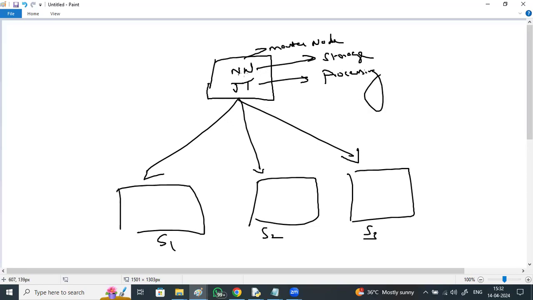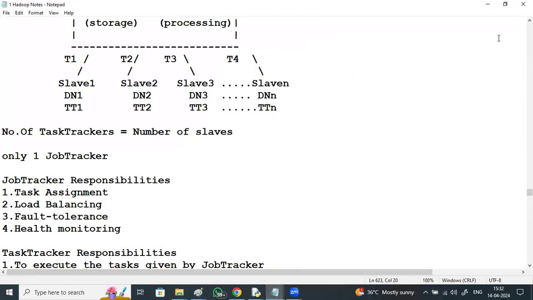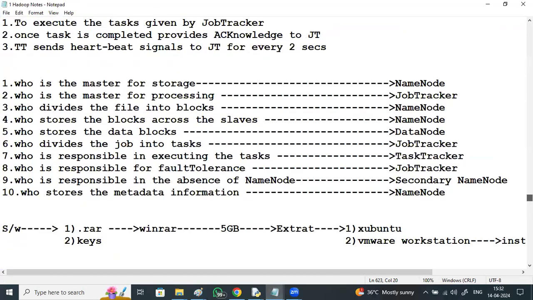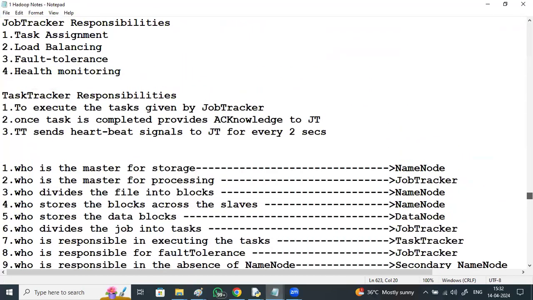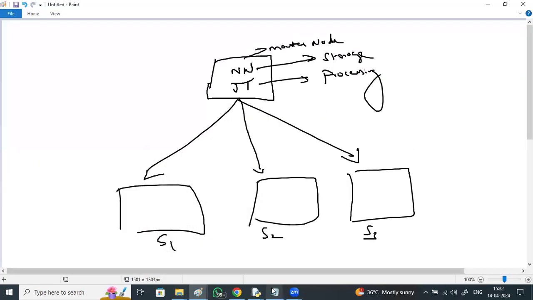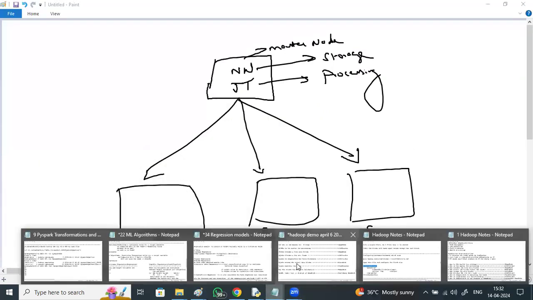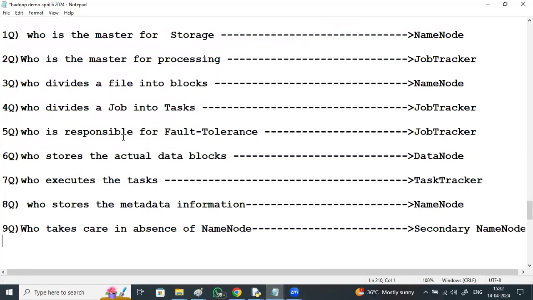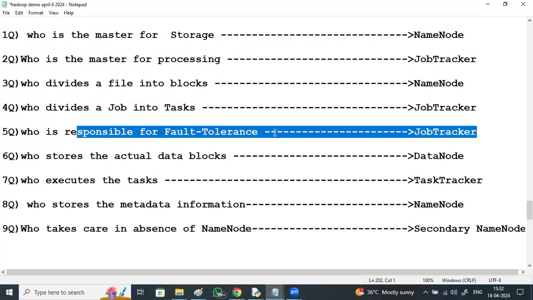Sir, in the fifth question, if it's asking about fault tolerance, there should be two fault tolerances, right? One is file system tolerance and another is job level. If job level, it's job tracker, but at the file system HDFS level, it should be the name node, right? What do you mean by fault tolerance?